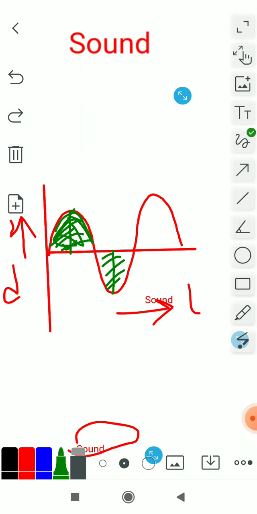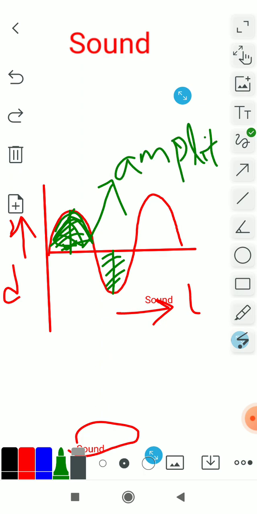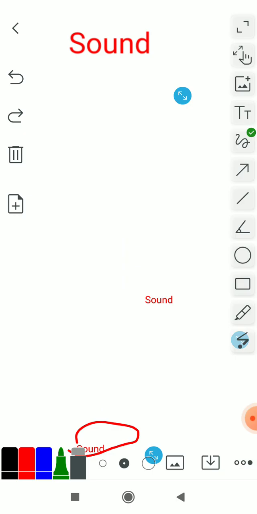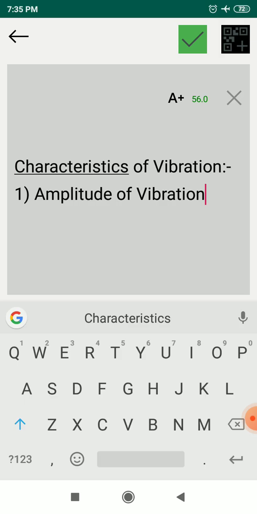Whenever the particle vibrates about the mean position, that maximum displacement is known as amplitude. Let me write it.